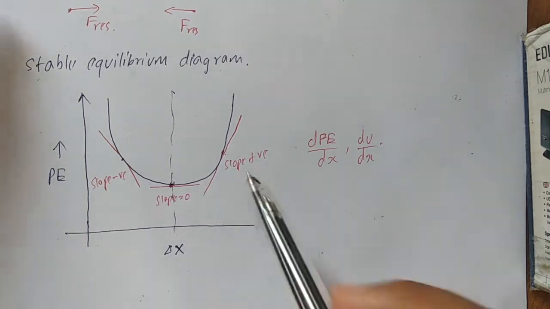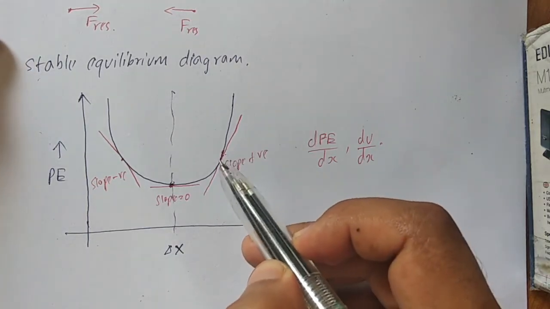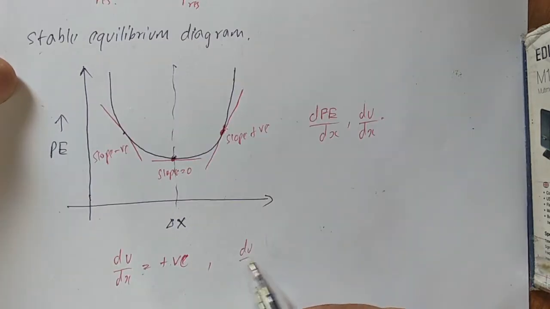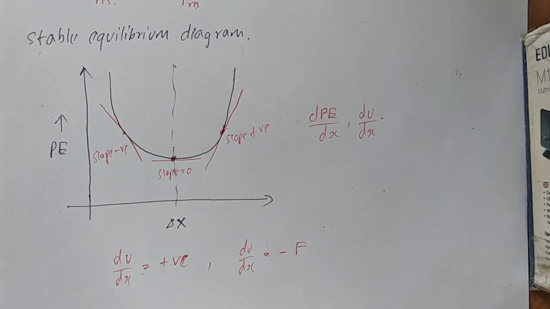Now let us analyze the case when the slope is positive. When du by dx is positive, du by dx is nothing but the negative of the conservative force, or in this case the restoring force. The slope is positive, which means the force that we are getting here is negative.